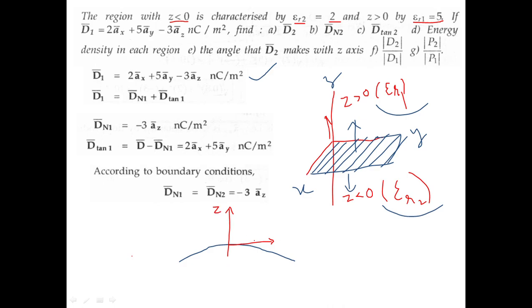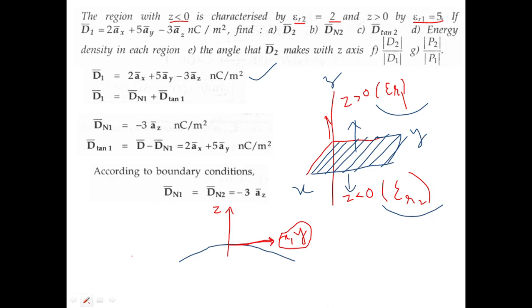This tangential part can be anything. It will be a mixture of both x and y, a combination of both. It is not exactly along the y-axis only; it can have an x-axis component also. This will be useful when we are solving the normal and tangential components.